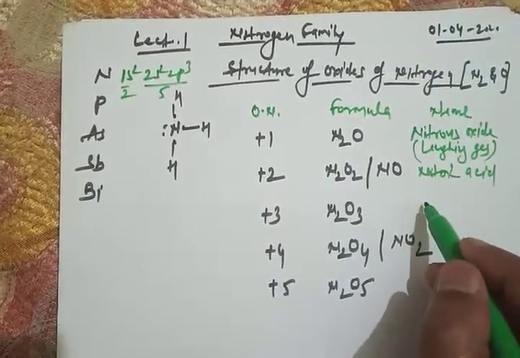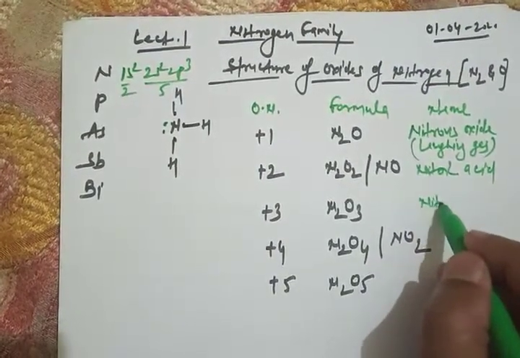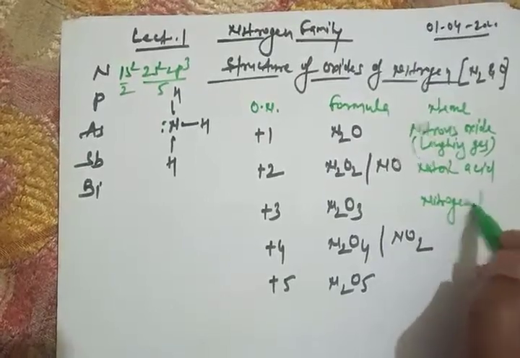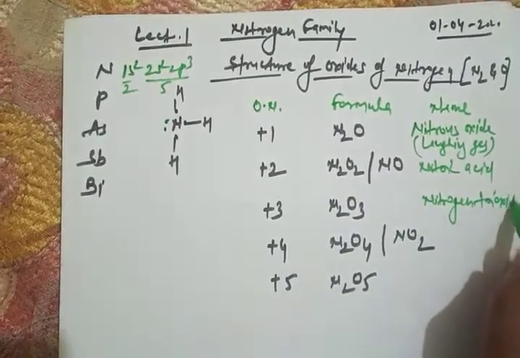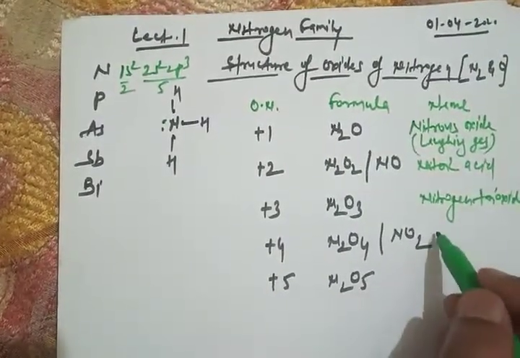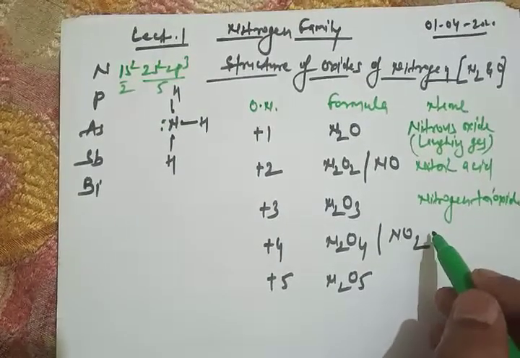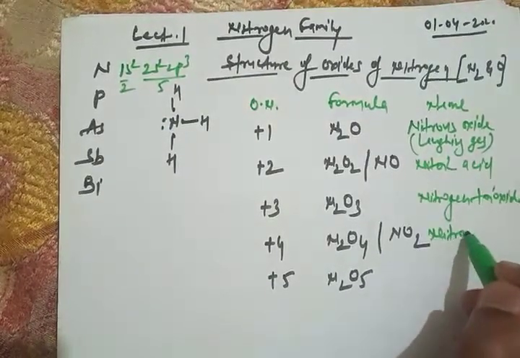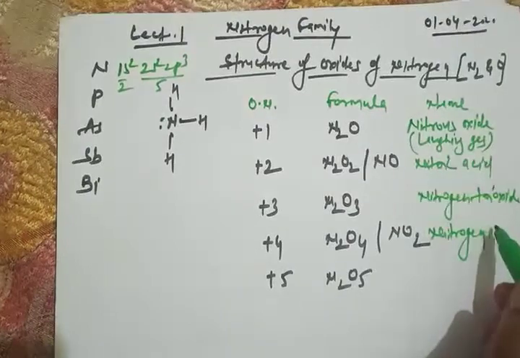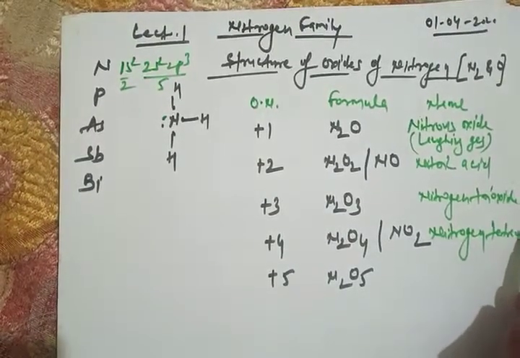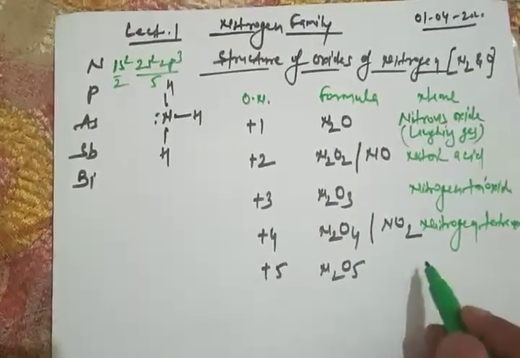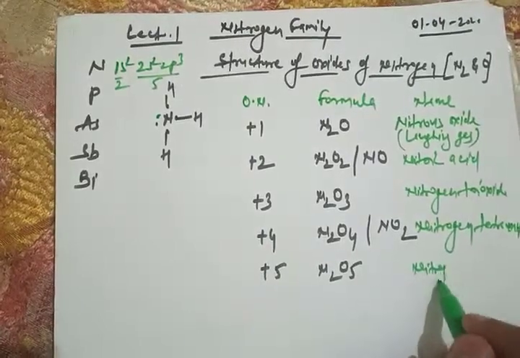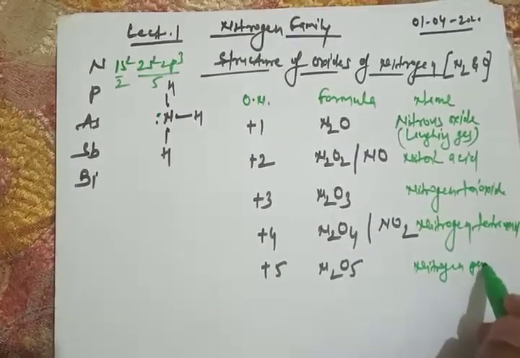This is called nitrogen trioxide. This will be nitrogen tetroxide. And this will be nitrogen pentoxide.